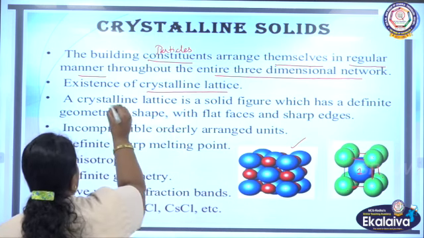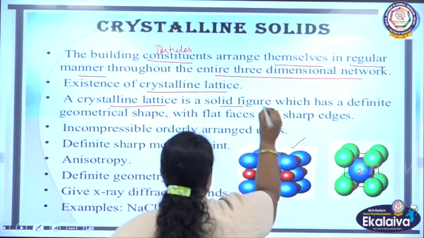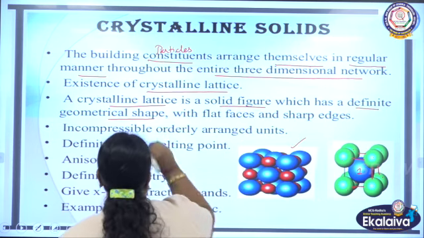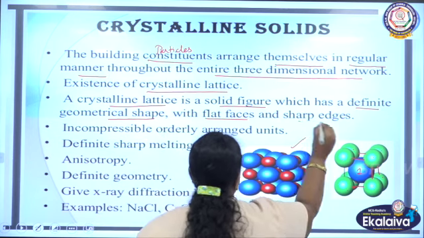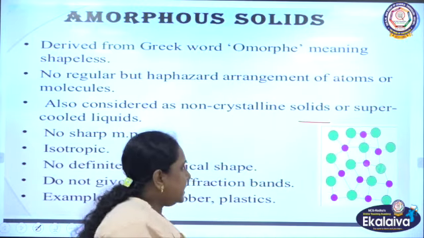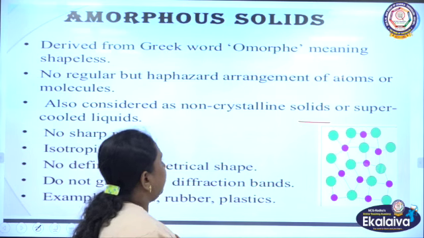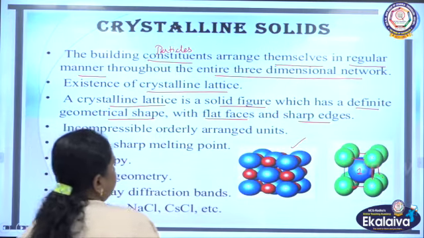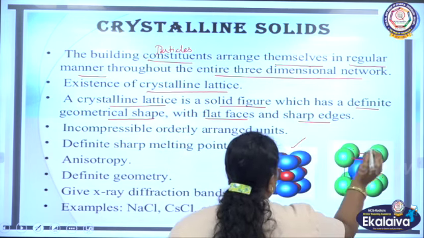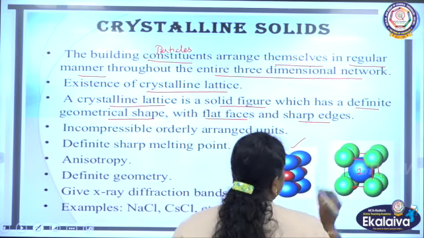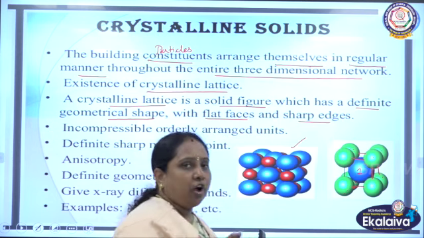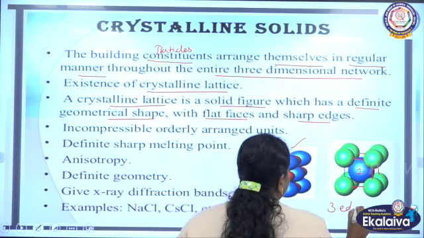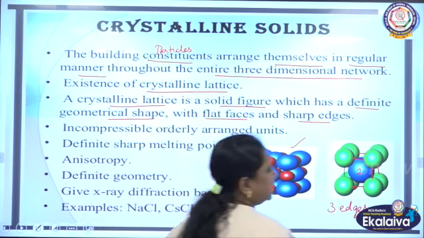And the crystalline lattice is a solid figure which has a definite geometrical shape with flat faces and sharp edges. As I said, it has sharp edges. See, 1, 2, 3, 4, 5, 6, 7, 8 corners are there, and the corners are connected by 3 edges, 3 edges connecting the corners.